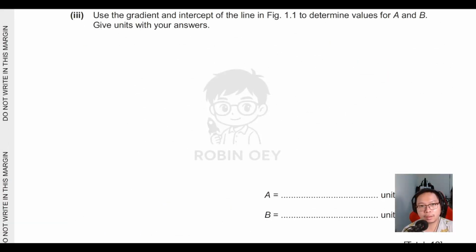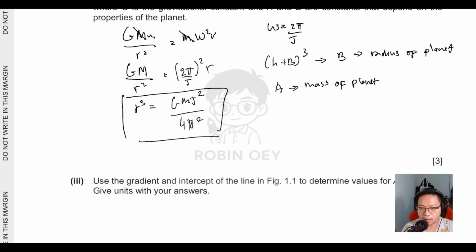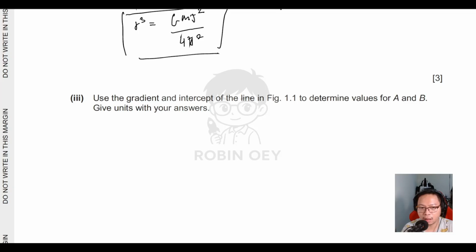Next, part (iii): use the gradient and intercept of the line in figure 1.1 to determine the values for a and b. Give the units with your answers. So just now we know that a would be the mass of the planet and b would be the radius of the planet. First of all, I'll be using the gradient.